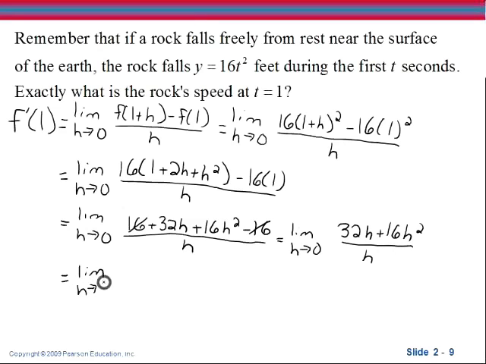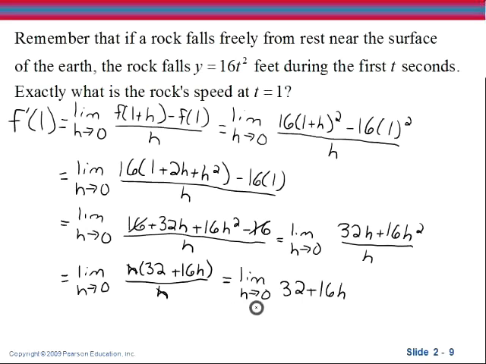In the numerator of our fraction we can factor out an h: h times 32 is 32h, and h times 16h is 16h squared. By doing this, we can then cancel our h's, and we're left with the limit as h approaches 0 of 32 plus 16h.